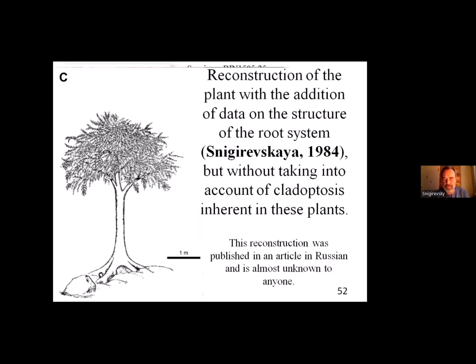Between the roots, we find some stones which were enclosed by this plant during its life.